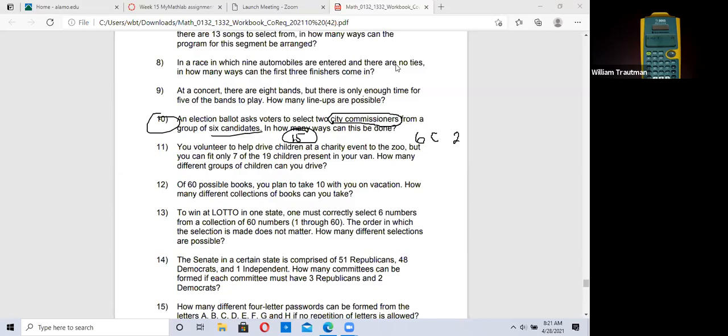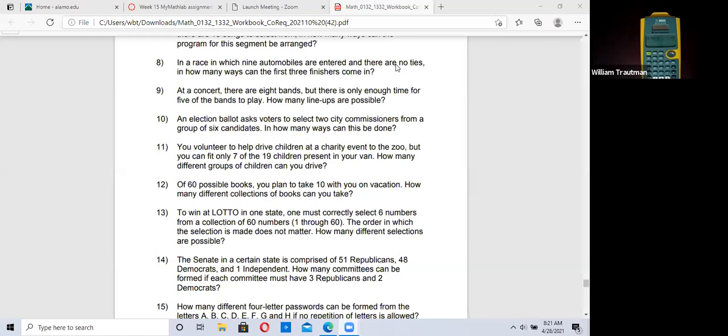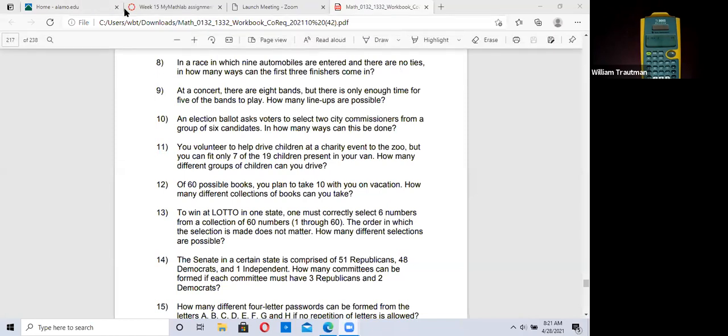Now, there are a couple of questions on the test that weren't in the workbook, and they're really easy. I almost don't want to do them, but I'm going to. Give me a second. I want to go to my whiteboard. There we go.